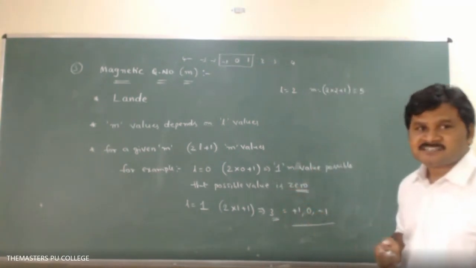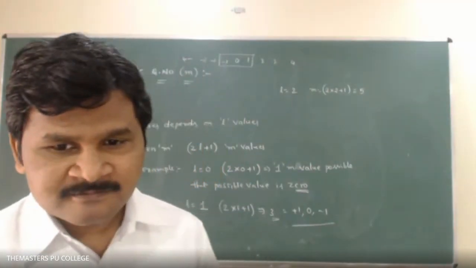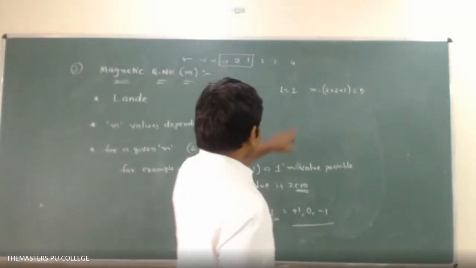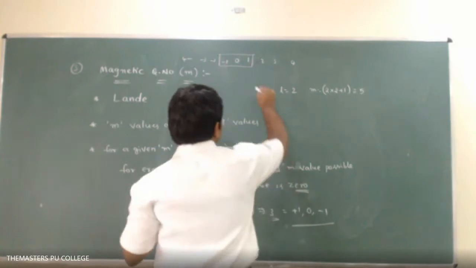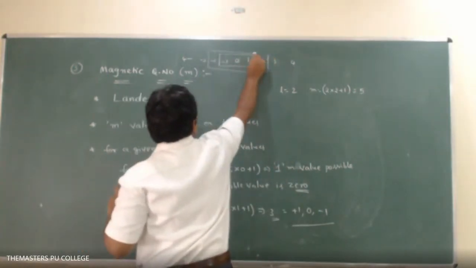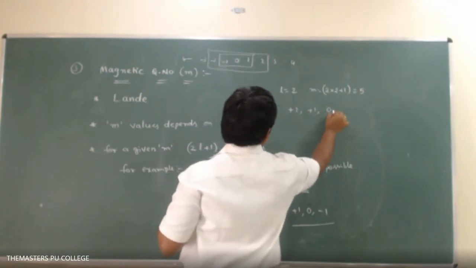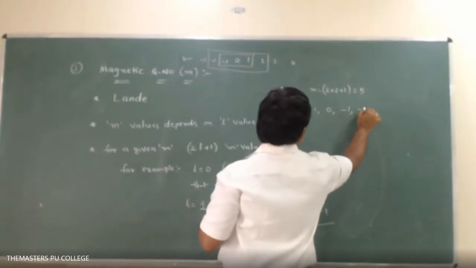My question is: minus 2, minus 1, 0, 1, 2. Does it include 0 or not? Yes sir, it includes. Very good. Plus 2, plus 1, 0, minus 1, minus 2.